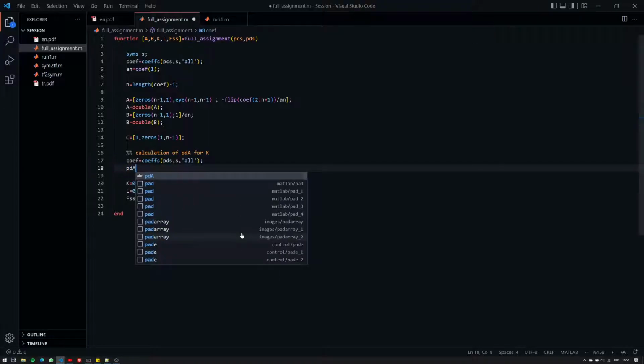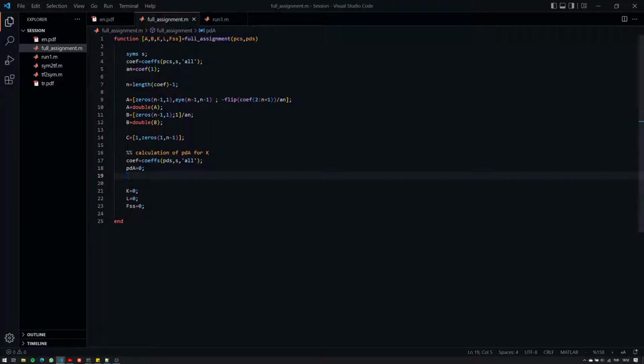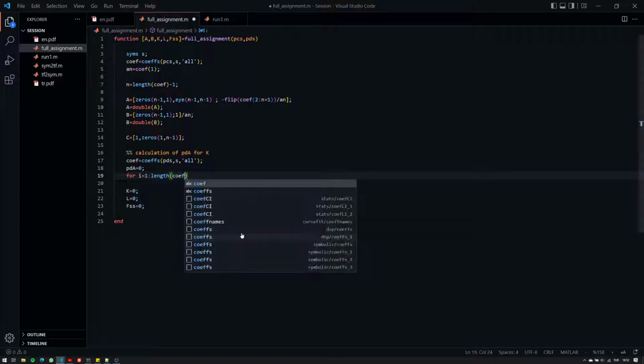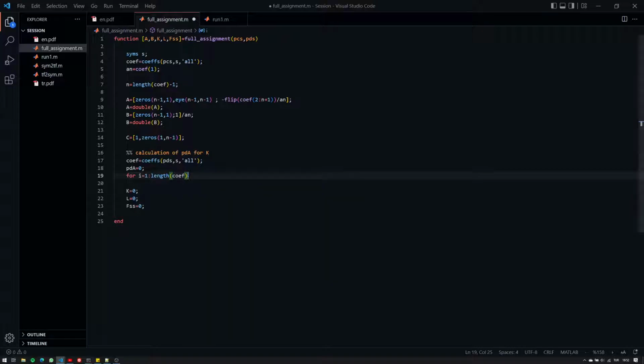Let's create a PDA variable here, and I'll use the for loop, starting from 1 to length coef minus 1.